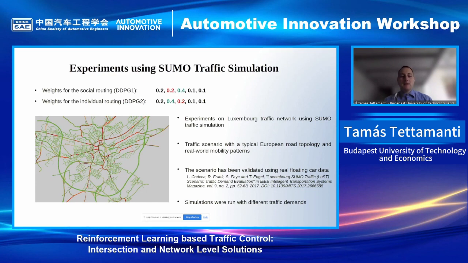So it encompasses a big variety of road topology, and real-world mobility patterns are used in this. We use this scenario to simulate our algorithms, and we run with different traffic demands.